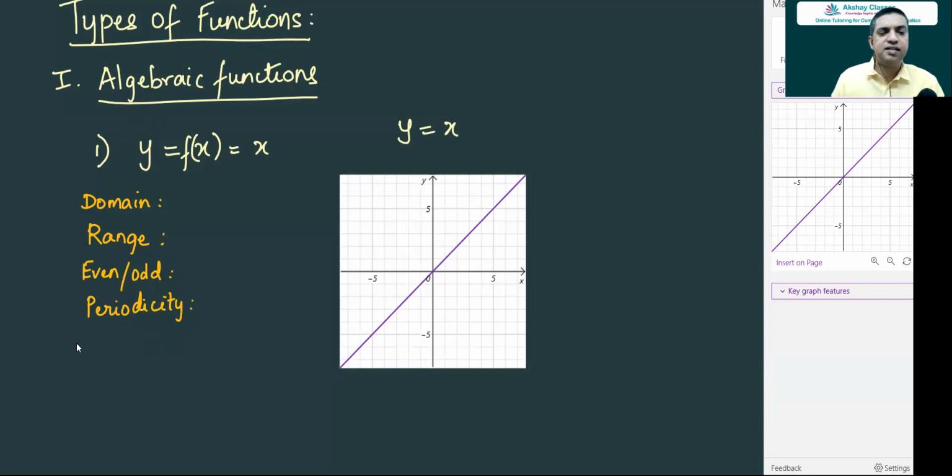Okay, and is it invertible? Okay, 1 1 onto bijective. What is its property? Okay, now please share. Please participate freely.